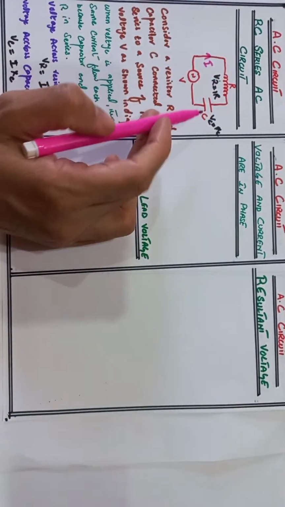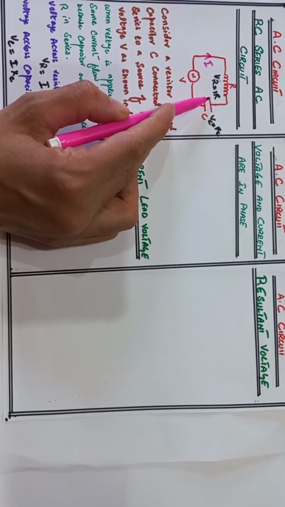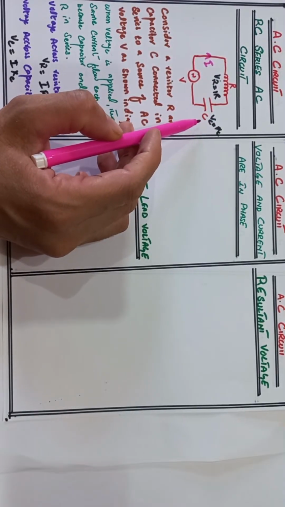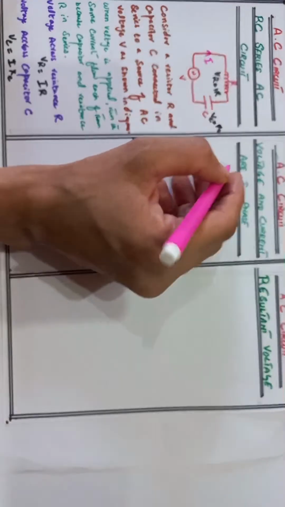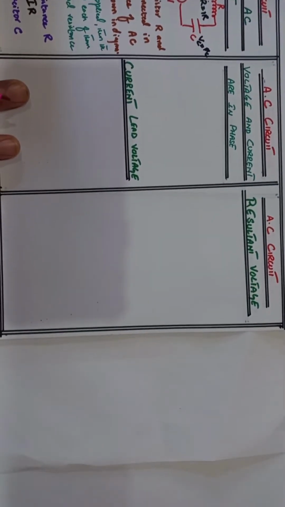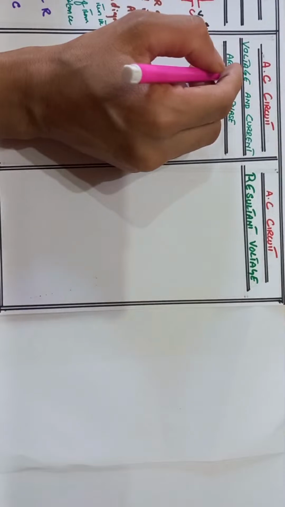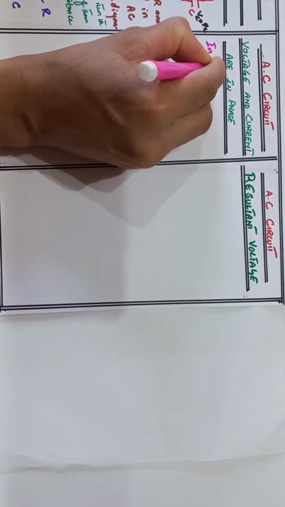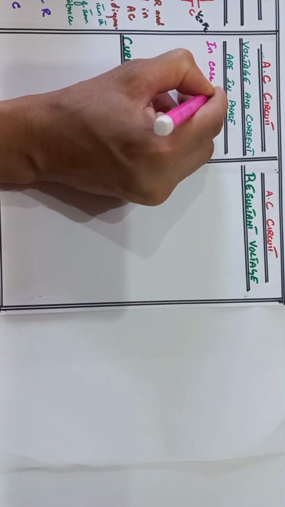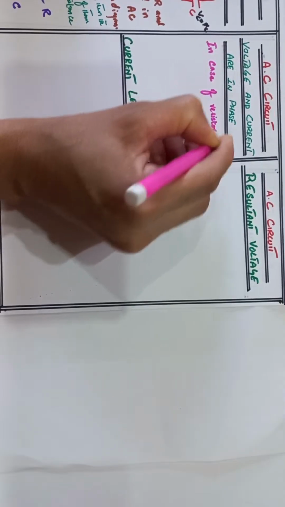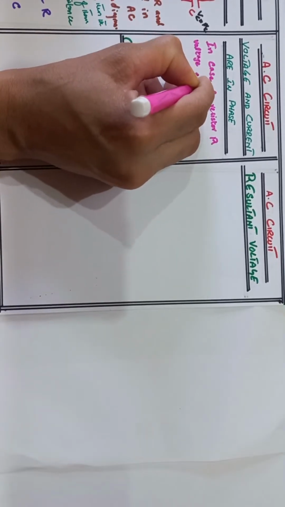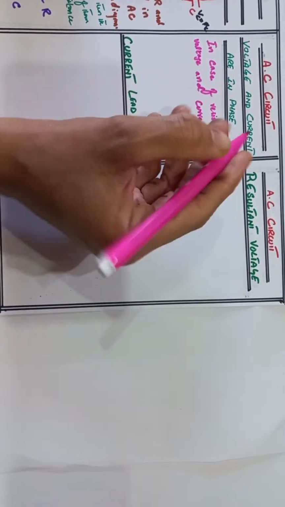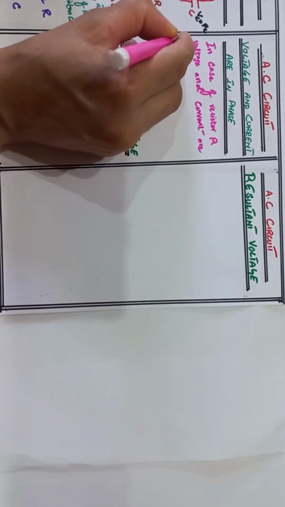When this current passes through the capacitor C, the current leads the voltage by 90 degrees. So in the case of a resistor, voltage and current are in phase.